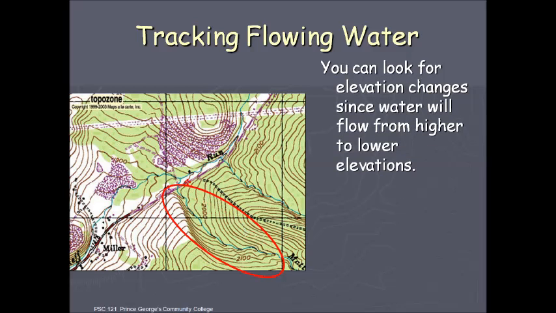And in that river, we're going to determine which direction the water is flowing. So you can see this contour line is labeled 2100, but this contour line is labeled 2000. So 2100 is higher than 2000, so the water is going to flow downhill. So we can determine that the water is going to flow northeast.